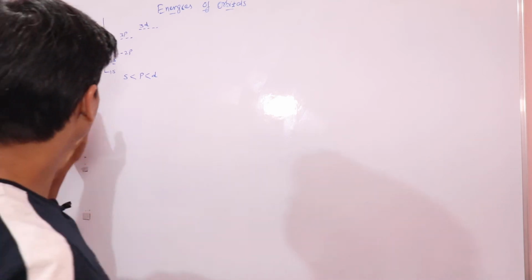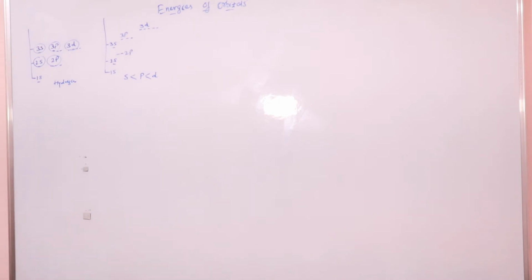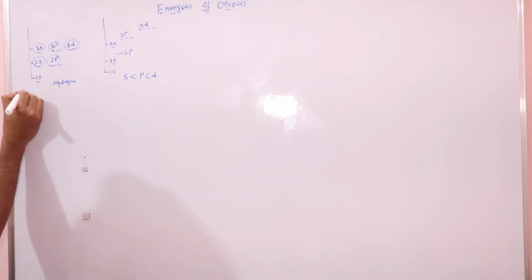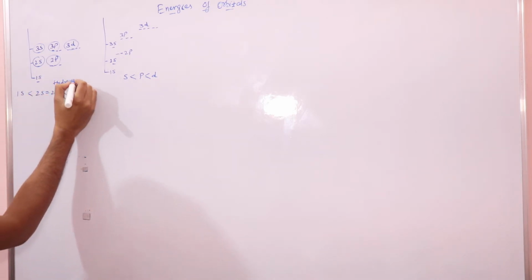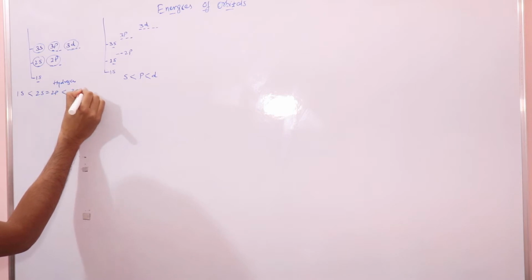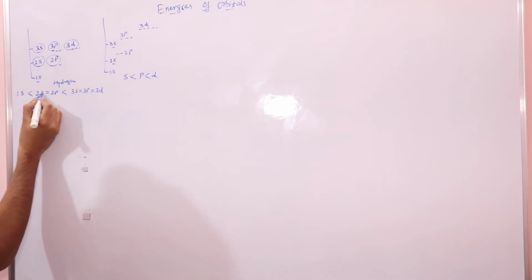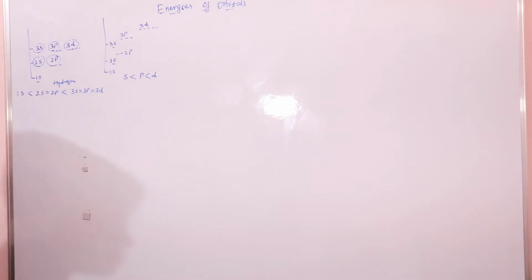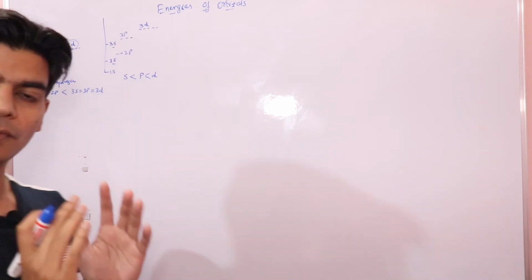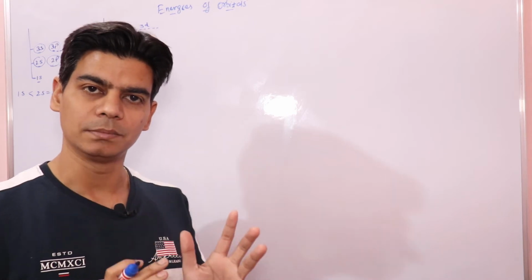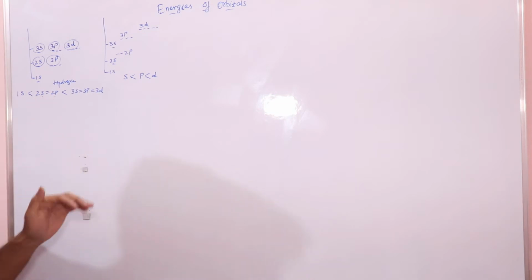Now we will look at the reason for these differences in energy. For the hydrogen atom, it's 1s, then 2s equals 2p, then 3s equals 3p equals 3d. Here I have shown 2s equals 2p. That means the energies of s and p subshells of the second shell are equal.